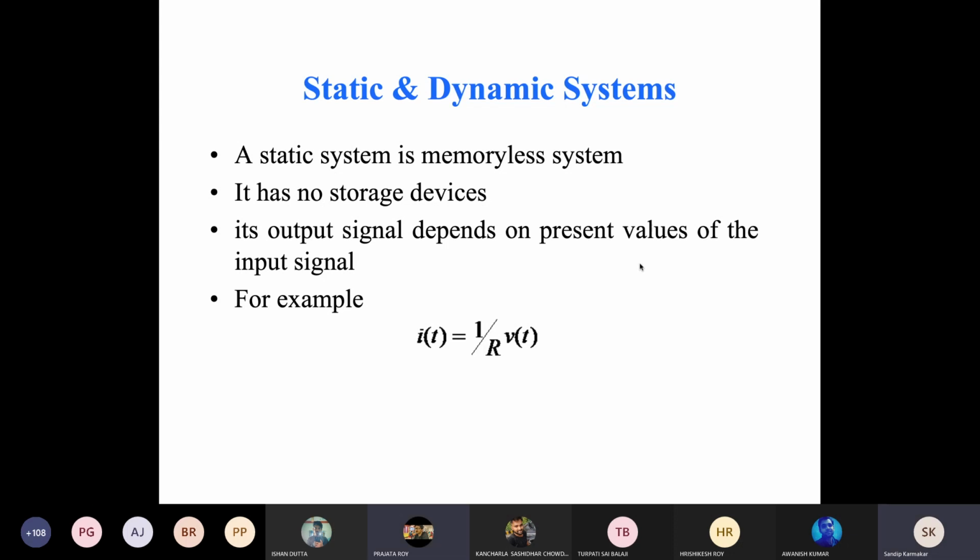Static systems are also causal. Yes, it only depends on the input signal values, so it should be causal. And dynamic systems are also causal.